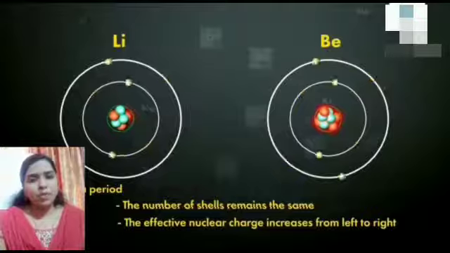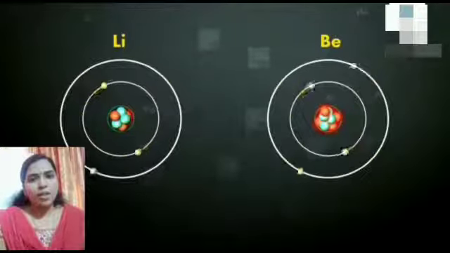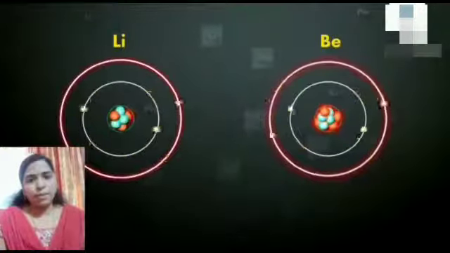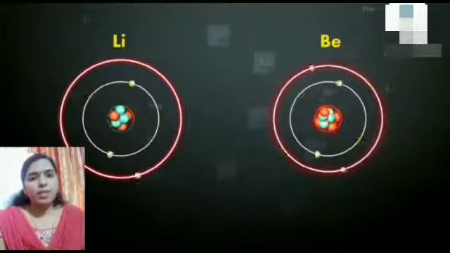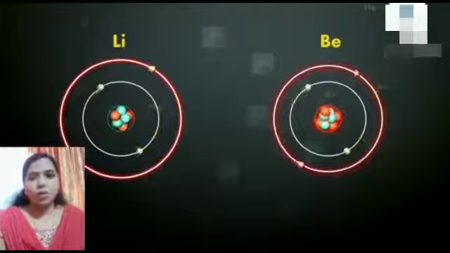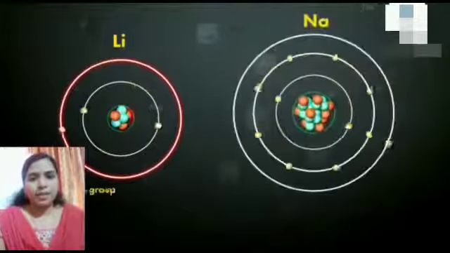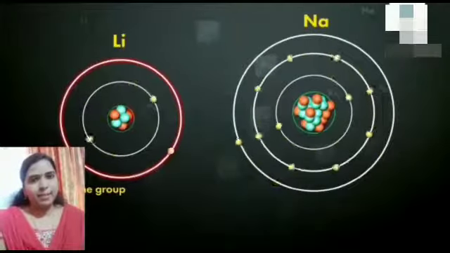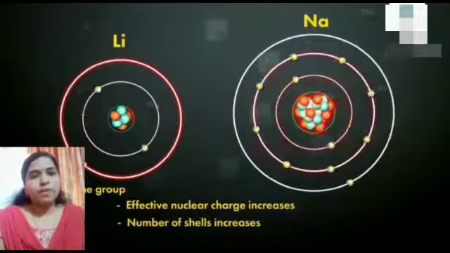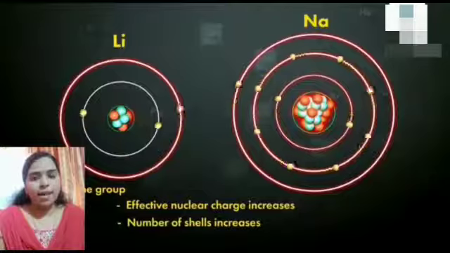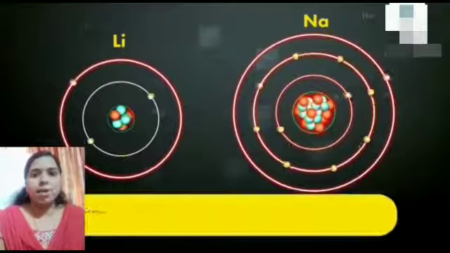This force of attraction pulls the valence shell closer to the nucleus. So clearly the atomic size decreases. As we move top to bottom in a group, the effective nuclear charge and number of shells increase enormously.